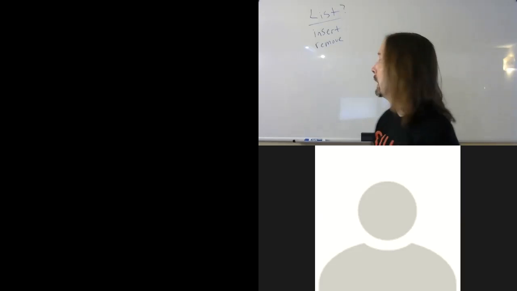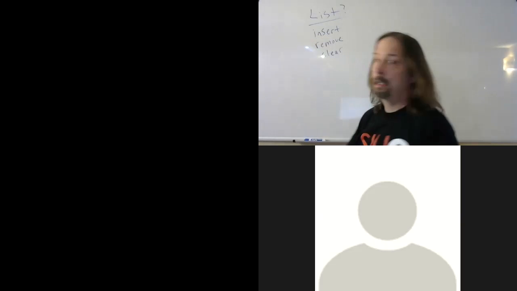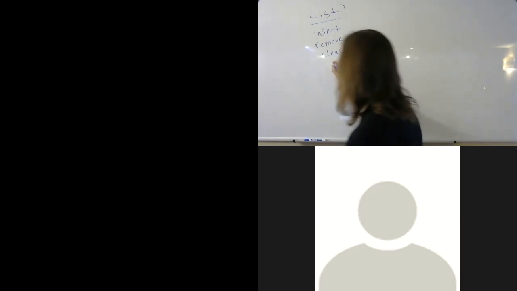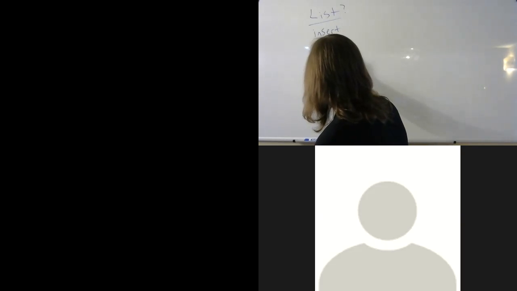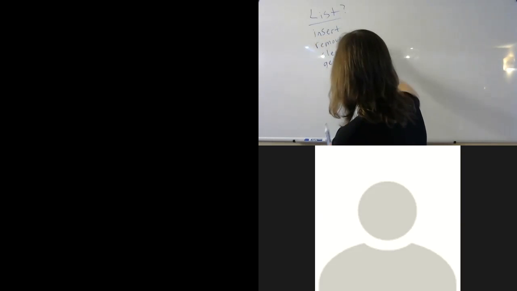Other operations that are common are clear the list. You should be able to tell the list to empty itself of items. Then you should also be able to ask the list for its size. And I realize that this clear, I get a little glare, so I'm going to move it.